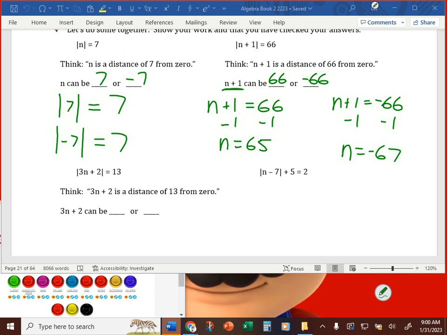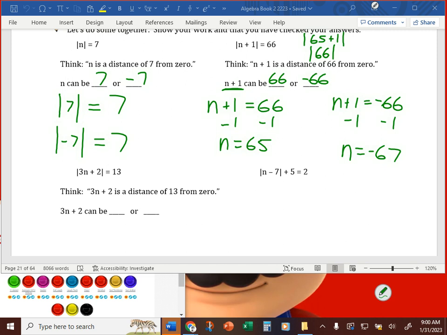Notice that these solutions for n are not opposites. The reason they're not opposites is because there's other stuff happening inside the bars other than n being by itself. If we plug these values in for n into the original equation, we would get the absolute value of 65 plus 1, or the absolute value of 66, which is what? 66.